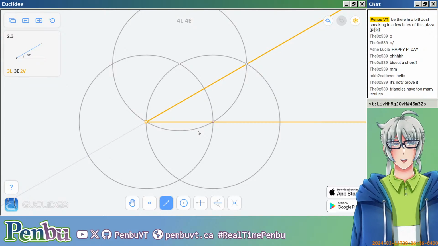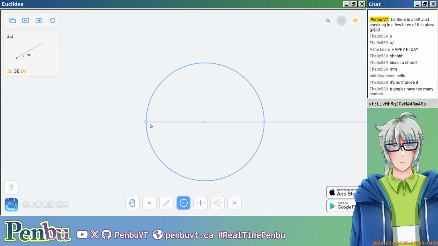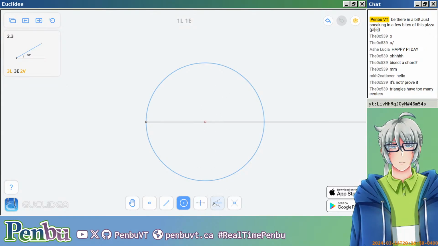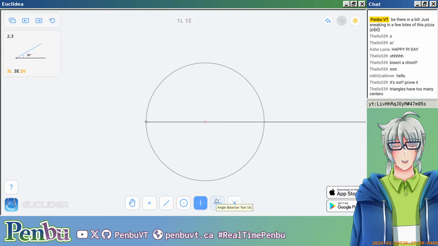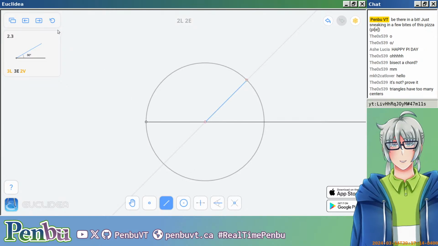Because I think we do have to reuse one of the circles to be a bisector. So we have some arbitrary point here, sure. We have an arbitrary point. And an arbitrary, that's not going to do anything.